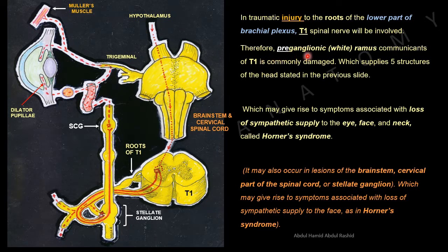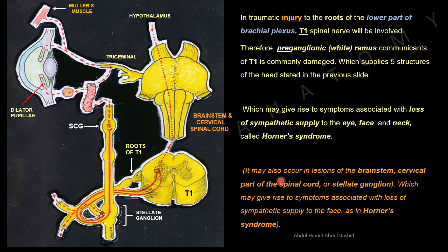Therefore, the preganglionic white ramus communicans of T1 is commonly damaged, which supplies the 5 structures of the head stated in the previous slide, which may give rise to the symptoms associated with loss of sympathetic supply to the eye, face, and neck called Horner syndrome.